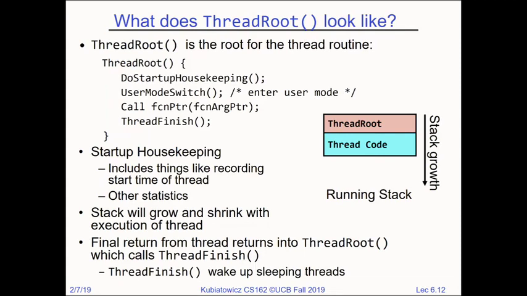So thread finish is kind of what happens when a thread exits code, which is similar to what happens when a process exits. If you could imagine, we were talking about zombie states. This might put the exit code, if there is one, in the TCB and take the TCB off the run queue and put it in a space where it waits to be joined with the parent thread. So this is the code that basically deallocates the thread. Okay.